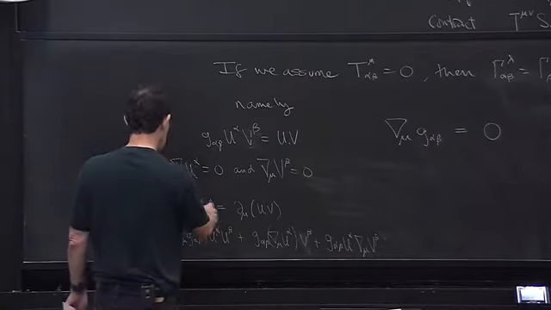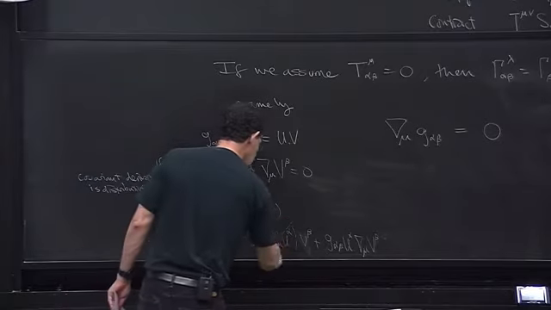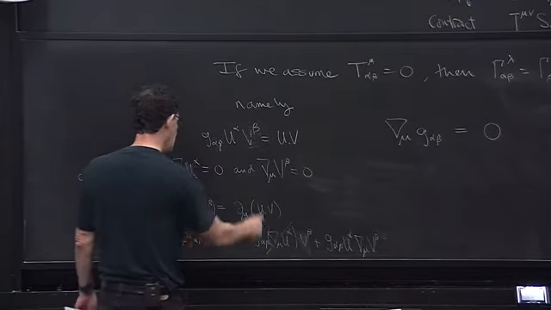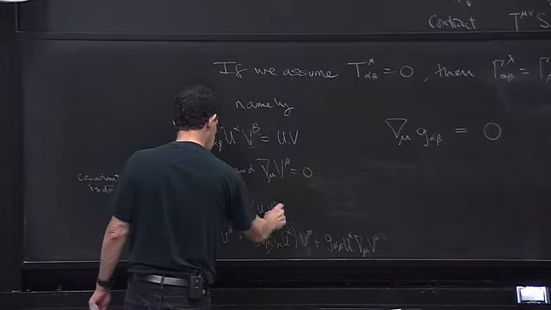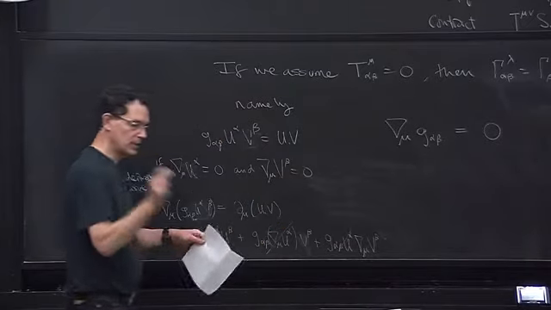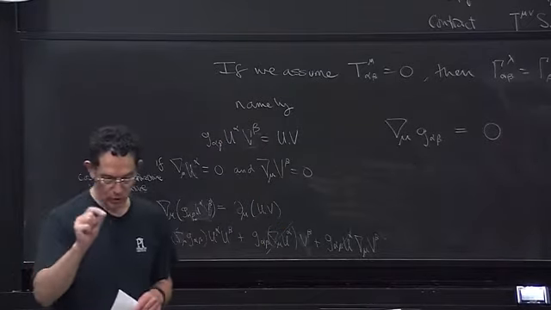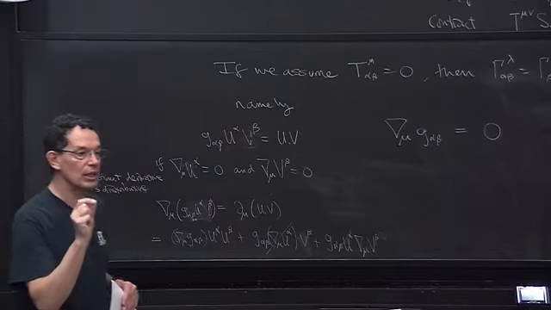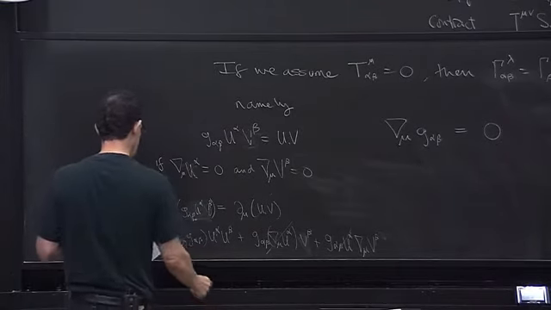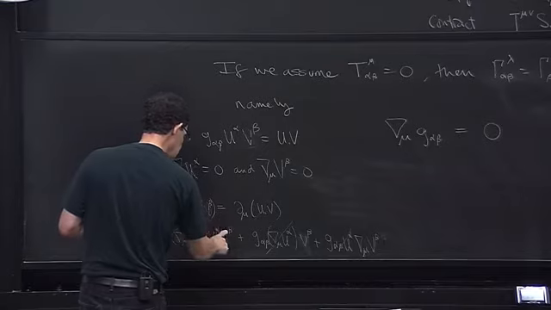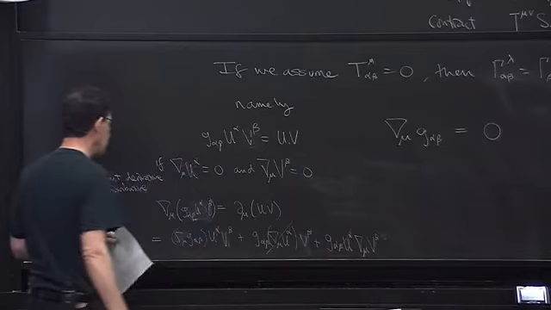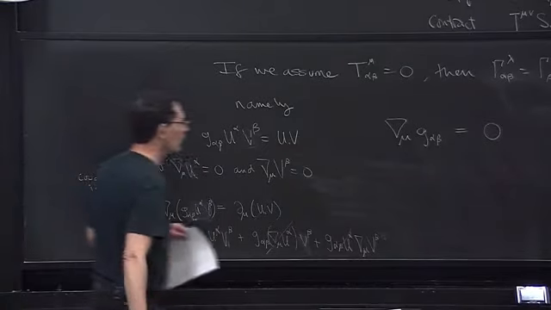So given that if these terms are 0, and I want this to be 0, because I want the scalar product of two constant vectors to be constant, it follows for arbitrary vectors u and v that this must be 0.